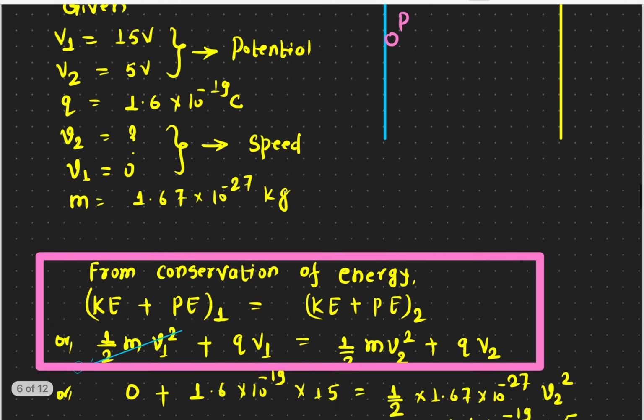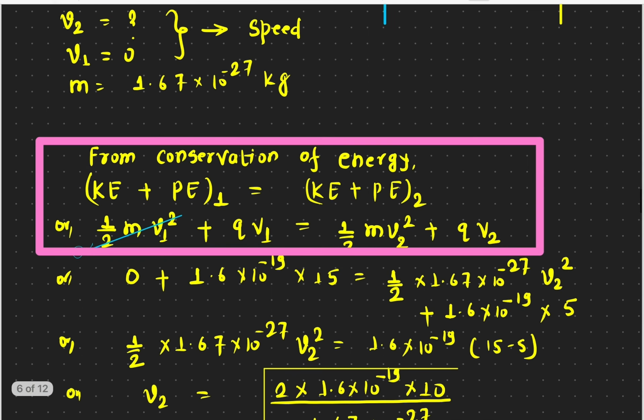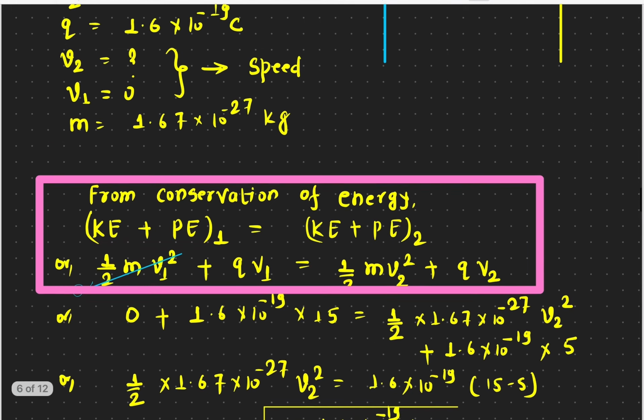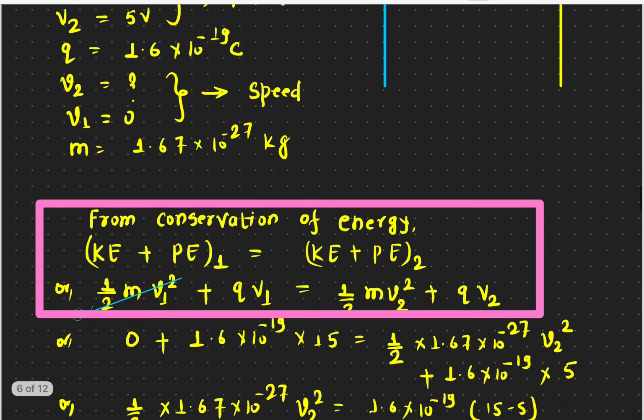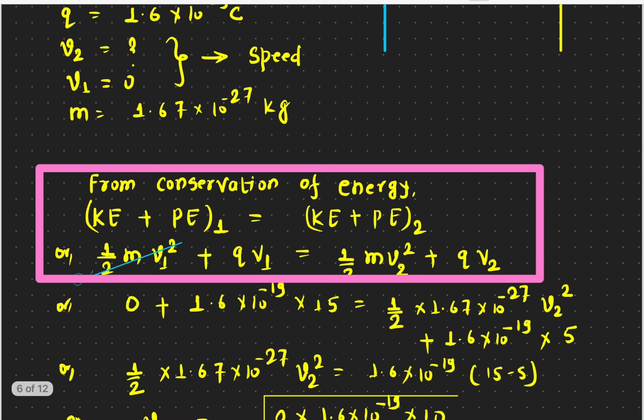So let's write down that equation here. The kinetic energy plus potential energy, that is the total energy at this 15 volt, must be exactly equal to the kinetic energy plus potential energy at this point. The formula for the kinetic energy is given by half mv square. And the potential energy formula is QV1.